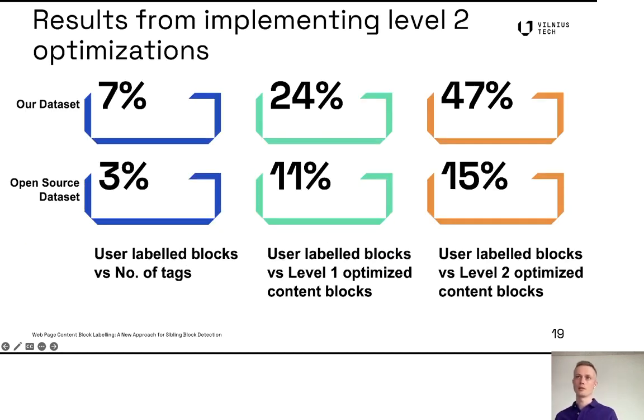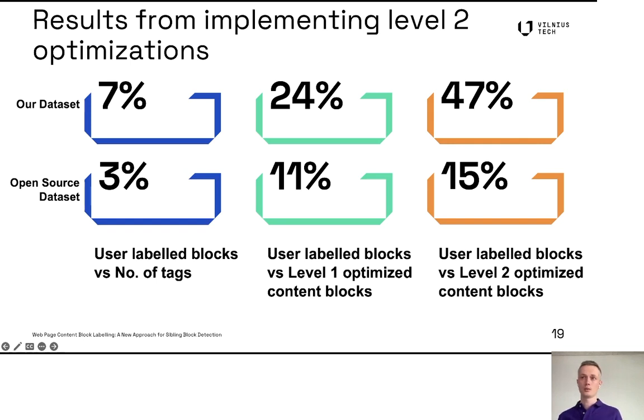So after implementing the remote siblings detection, we were able to further increase the ratio of user-labeled blocks versus extracted content blocks. Once again, the benefit of this increase is that in the case of manual labeling, the labeling effort is reduced because the total number of content blocks is lower, so the users need to label fewer blocks.